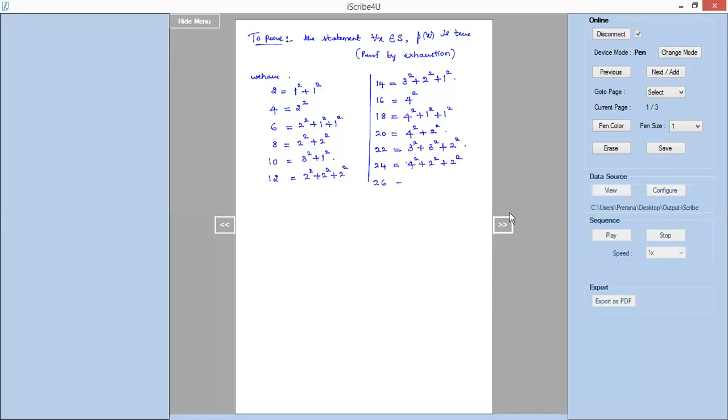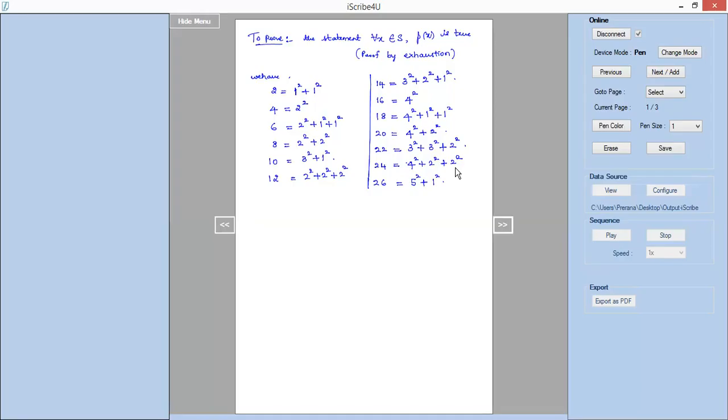Finally, 26 can be written as 5 square, 25, plus 1 square. It is just a small trial and error. Every even integer between 2 to 26 can be expressed as a sum of at most 3 perfect squares. Maximum 3 perfect squares we are taking here. So it is a sum of at most 3 perfect squares.